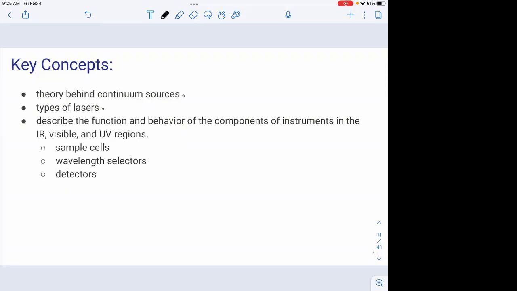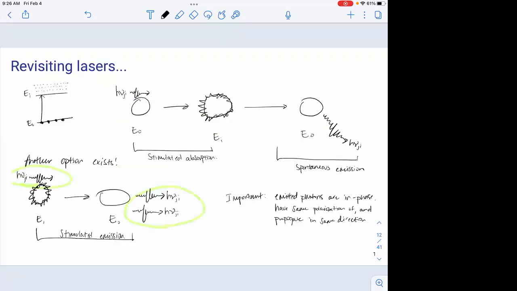All right, the next thing I want to jump into is the kinds of lasers that are available to you. So we talked about these. We talked about laser theory a little bit last video, but let's revisit just briefly. We said that lasing is possible via stimulated emission, which was a way to sort of increase the total number of emitted photons of a particular wavelength.